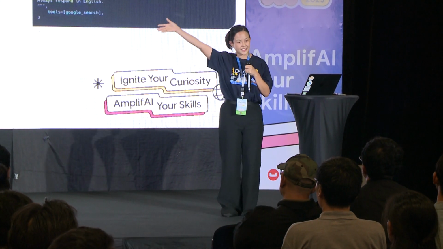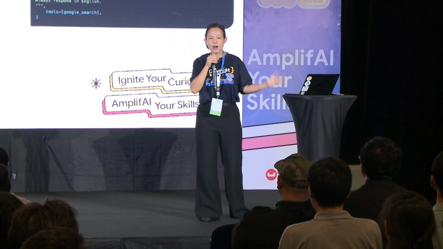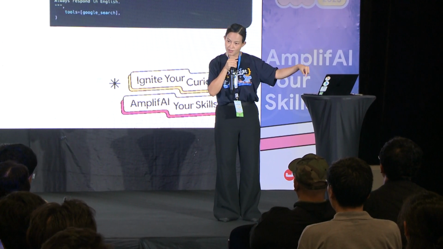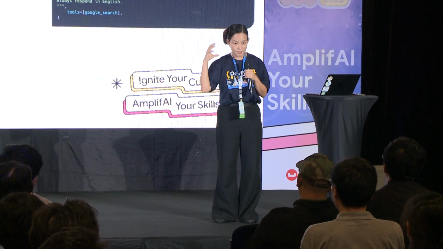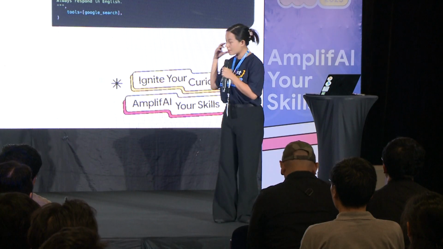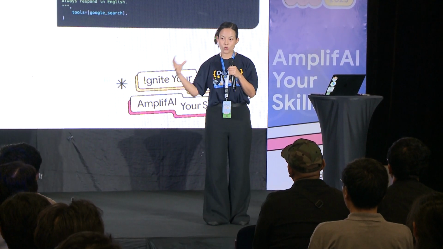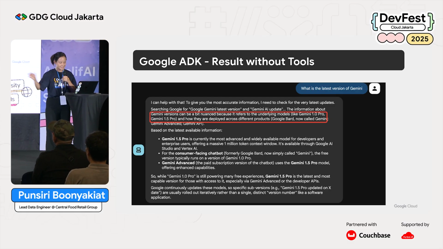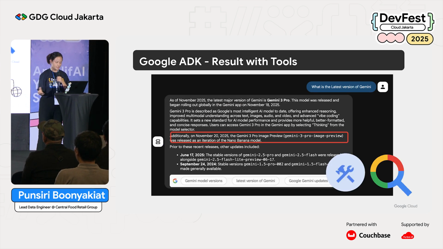Has anyone heard about context engineering? Maybe. Because early this year, in January and February, we all said prompt engineering is very important to make AI smart. But now, when AI has tools, it turns into context engineering: how to use your tools properly, how to pass your tools to the agent properly. This is what we just did. Without tools, AI can hallucinate, and with tools it gets more accurate.